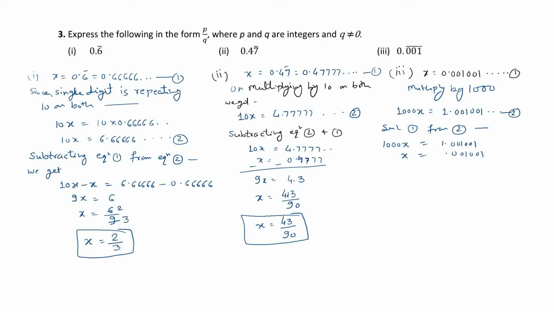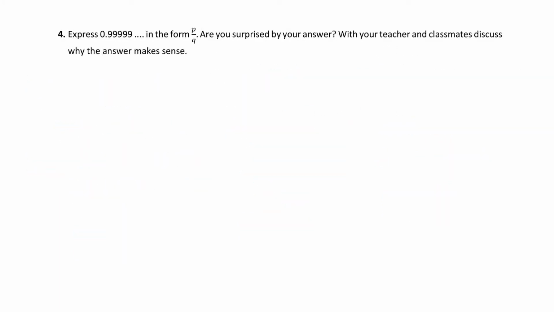After subtracting, we will get 999 times x is equal to 1, where x equals 1 divided by 999. So this is the fractional form of 0.001. Well, let's move to the next problem.